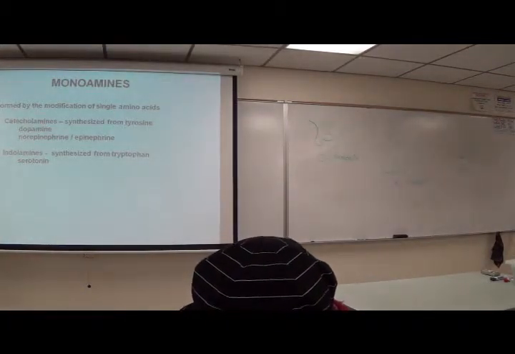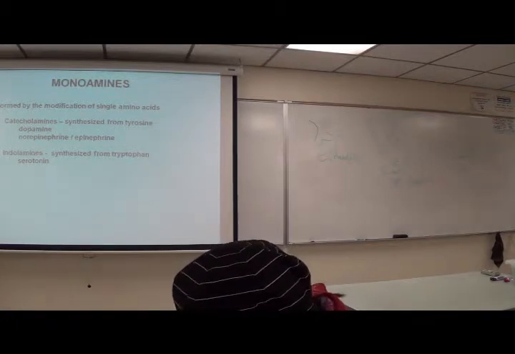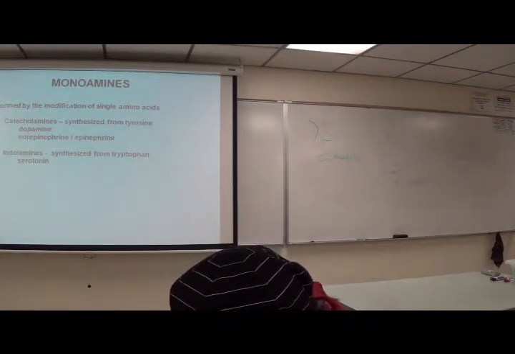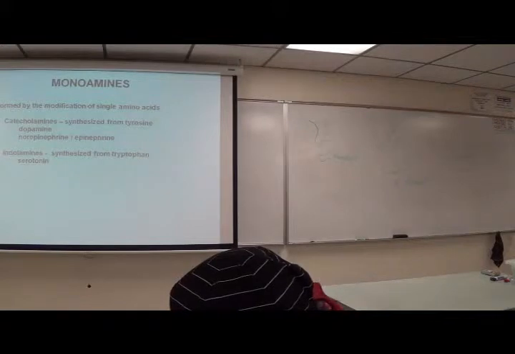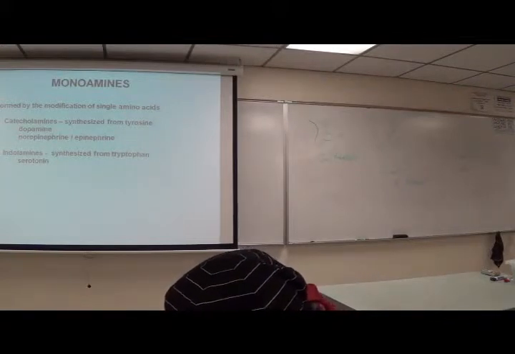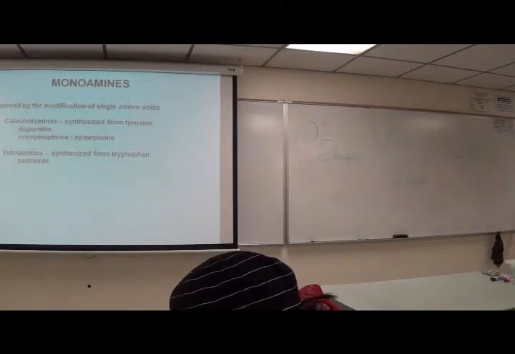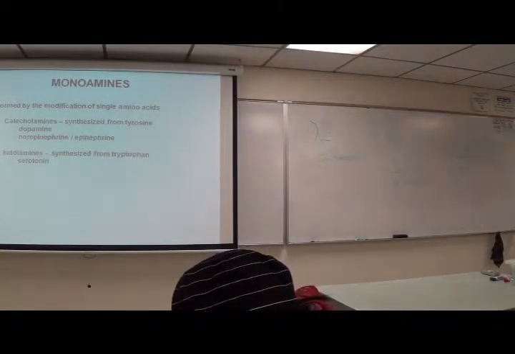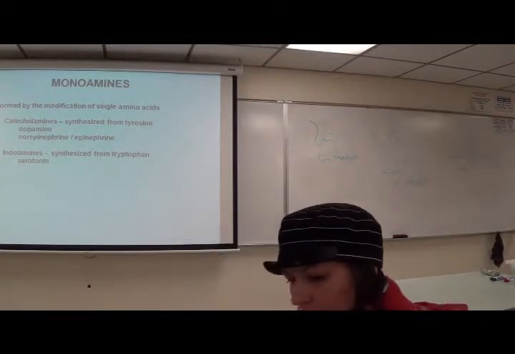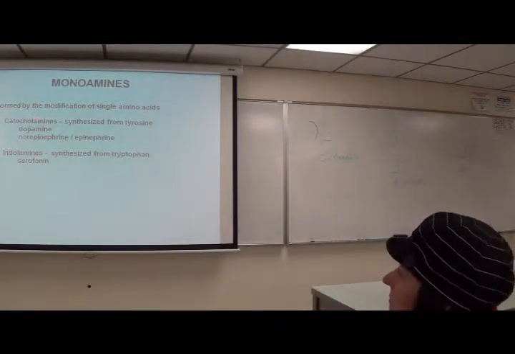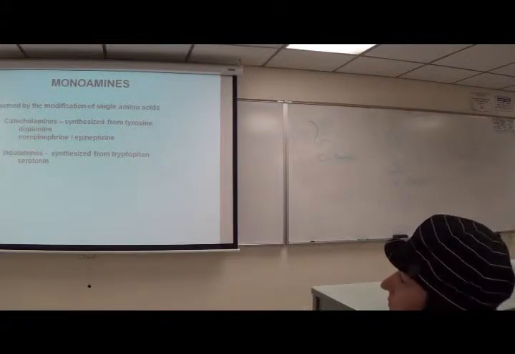Monoamines now are the second class we talked about. So glycine and glutamate were single amino acids without modification that can work as a neurotransmitter. Monoamines are single amino acids that are modified in some way. And we have the catecholamines and indolamines.